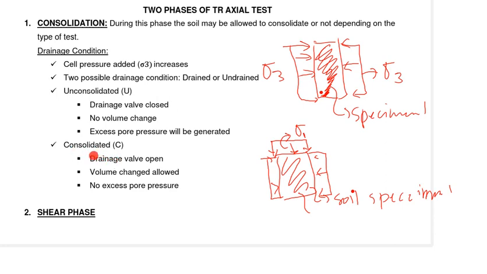In this case, the soil will be allowed to change in volume. So we have volume change allowed here. And excess pore pressure will be dissipated by the end of the consolidation phase, because our valve is open. It allows our excess pore pressure to dissipate.